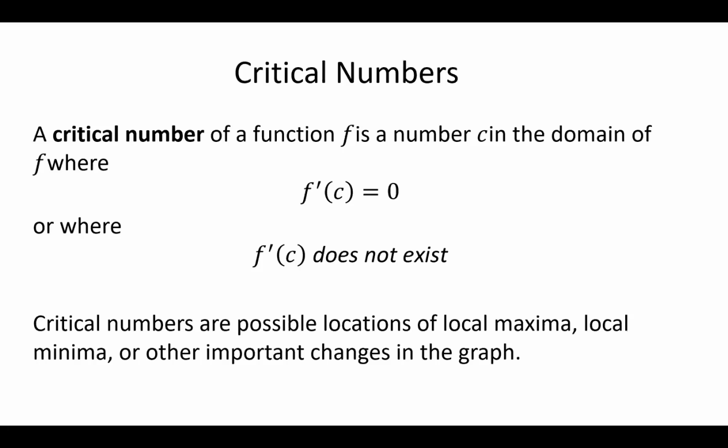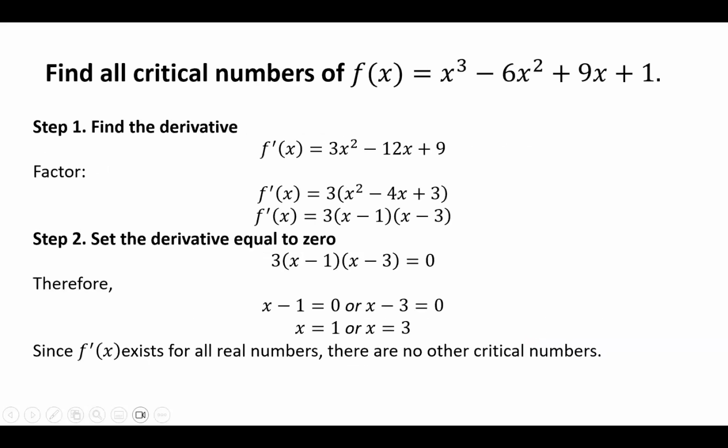So one of the important things that we do in calculus is find what we call the critical numbers. These critical numbers are numbers where the derivative is 0 or where it doesn't exist. And these numbers are possible locations for maximums and minimums. So this is an example of how to find critical numbers.